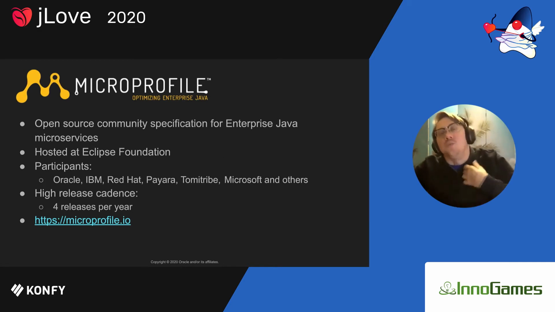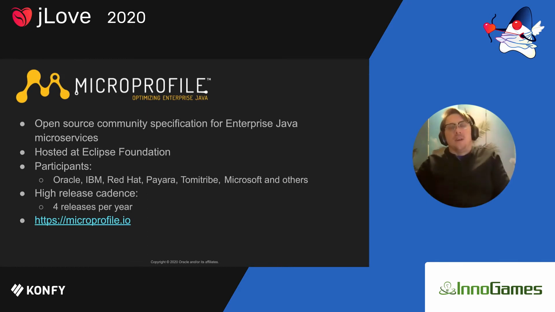And Helidon is one of the, well, in this case, Oracle, but Helidon is one of the products that actually implements those specifications. They're currently hosted at the Eclipse Foundation, and many members actually steer the way those specifications are evolving.